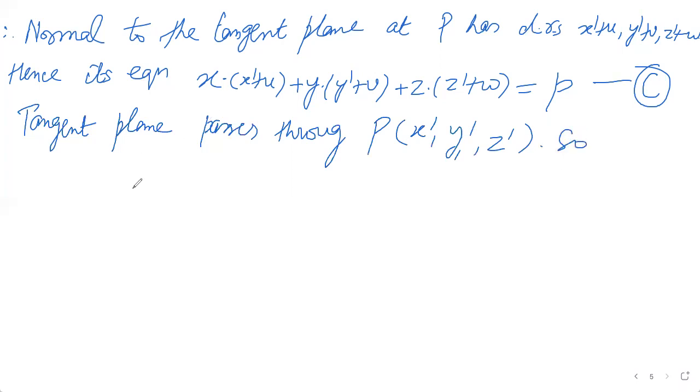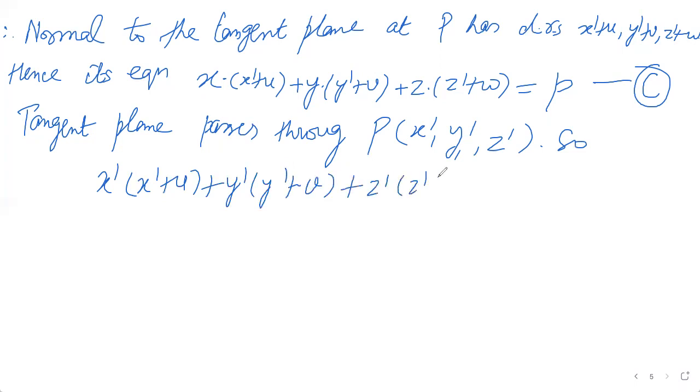So I can put x dash plus u plus y dash plus v plus z dash plus w is equal to p. Okay. And now from this, c and d both give the value of p. So I can eliminate p, I can compare c and d.